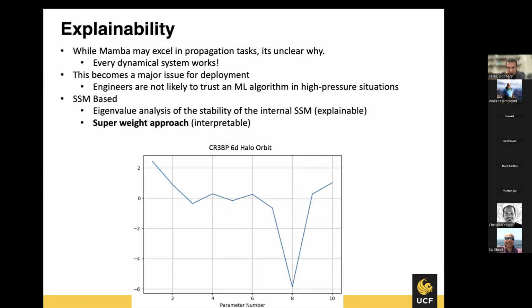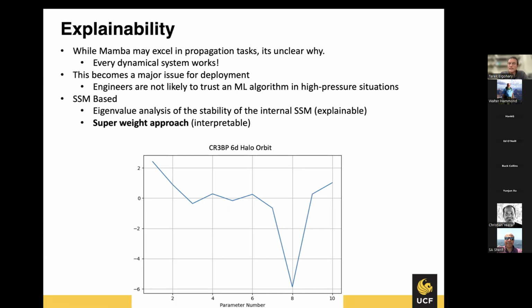We're also looking at explainability. That's very important in machine learning, how we can explain how the network is behaving. There is an approach called the superweight approach. Essentially, we're trying to figure out if, for example, the state space portion of the network is maybe taking care of all the linear terms, and then the nonlinear terms are taken care of by the convolution layer.